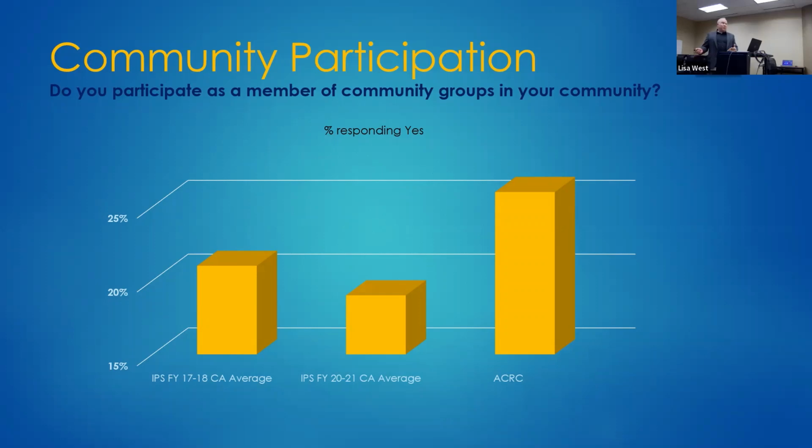Certainly room for improvement, 26%. We'd like to see that number grow. But the trend is that we're increasing community participation. And again, with things like social recreational services returning as available options for our clients to access, we hope to see that correlate to increased community participation.